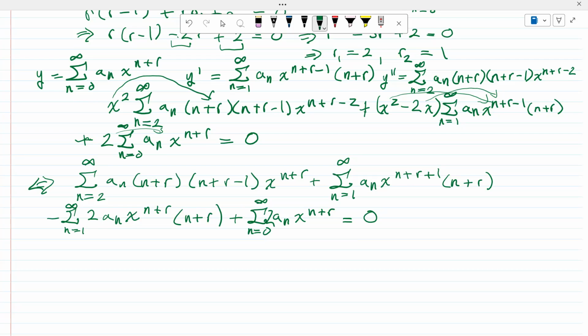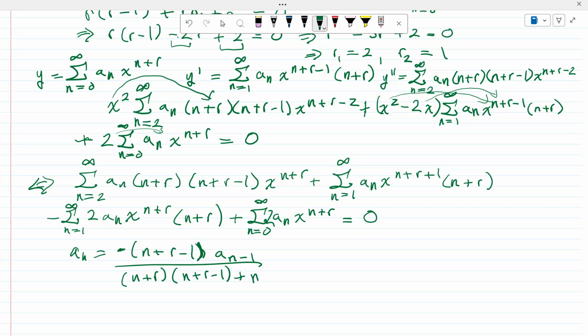I'm not going to do all of the work to get this initial an equation, but we can say that an is equal to negative n plus r minus 1 times an minus 1 divided by n plus r times n plus r minus 1 plus n plus r times negative 2 plus 2.